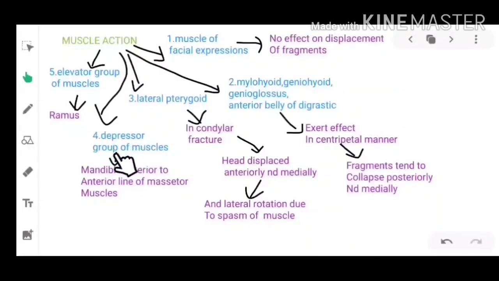Now, the fourth group, the depressor muscles. The mandible anterior to the anterior line of muscles gets displaced by the depressor group of muscles. Now the ramus: the elevator group of muscles affects the ramus during fracture and displaces the ramus part of the mandible.